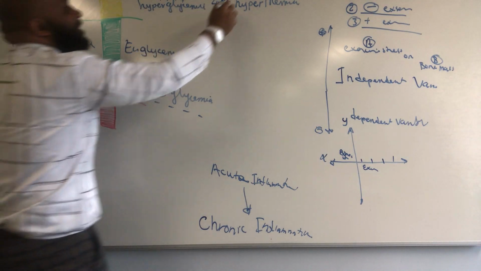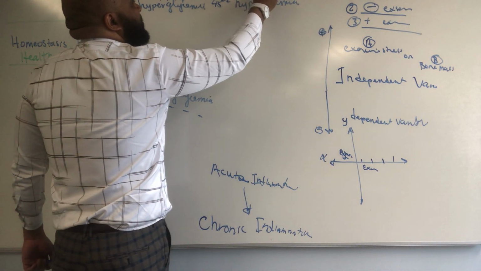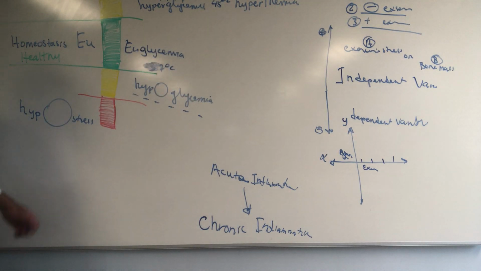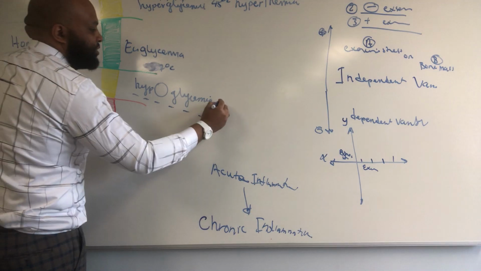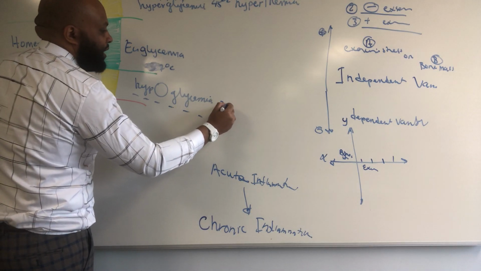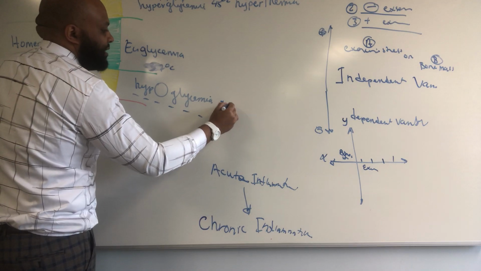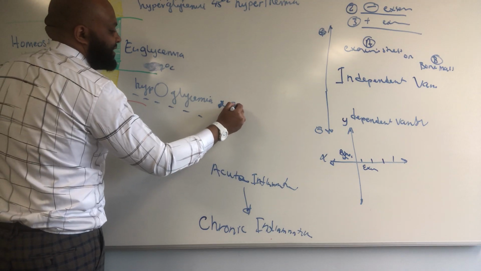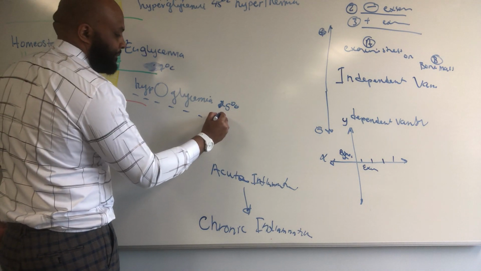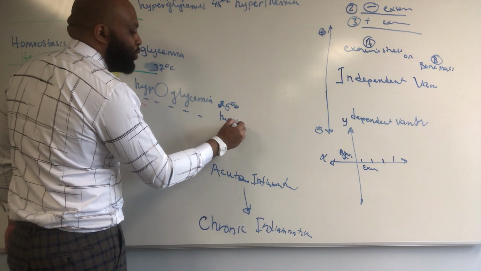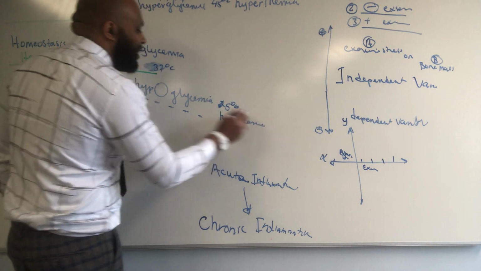When it's temperature, it's hyperthermia. What about if it's so cold, freezing outside, and we drop from 30 to 20 or 15 degrees Celsius? Is that hyper or hypo? Hypothermia. Both are bad.